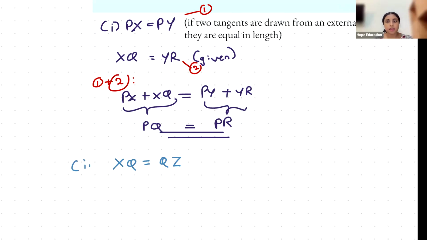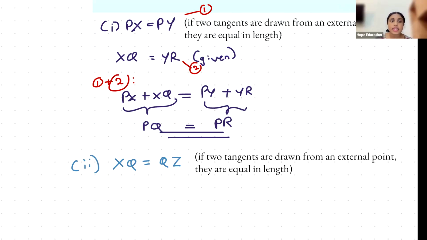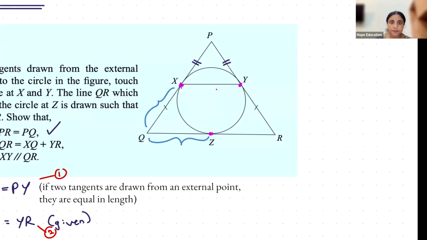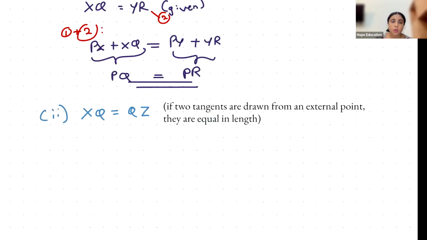Reason again the same thing. If two tangents are drawn from an external point, they're equal in length. In the same manner, R is also an external point and YR and RZ are tangents drawn to the circle from the external point R. Here, YR would also be equal to ZR.